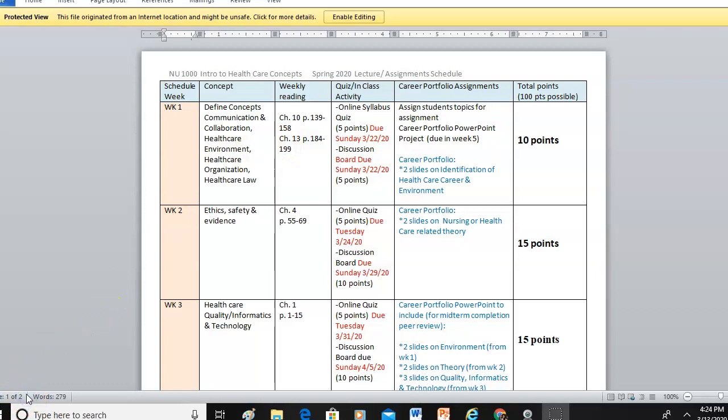Some of the different nursing career topics that you can choose for your PowerPoint project could be researching flight or emergency room nursing, hospice or long-term care nursing, researching school nursing, that's at every level of schooling from elementary on up to college, as well as nursing education and becoming a nurse educator.